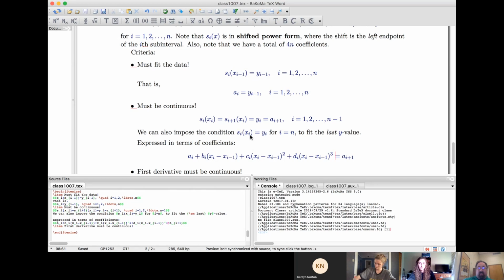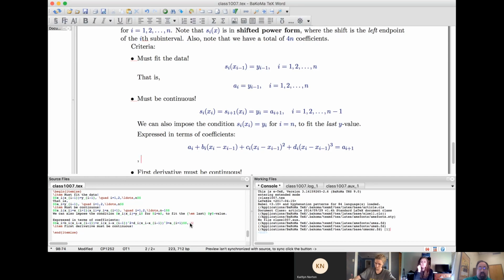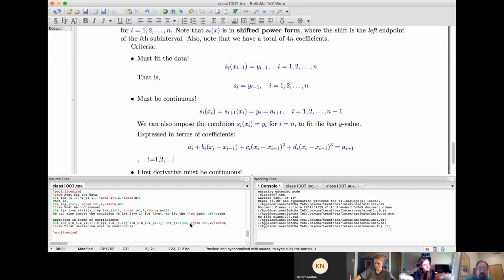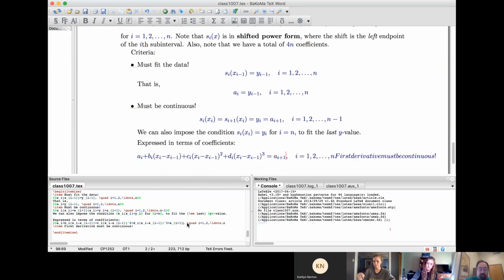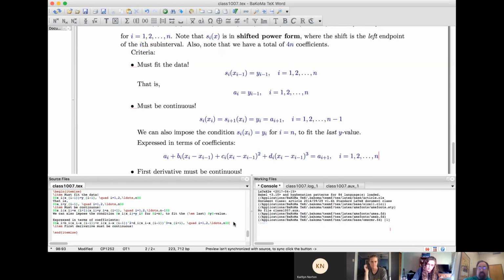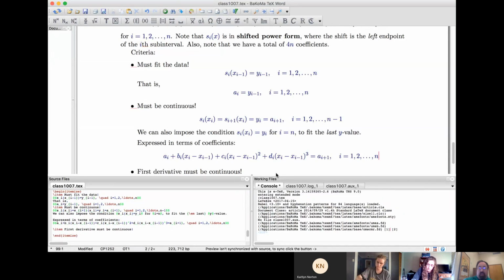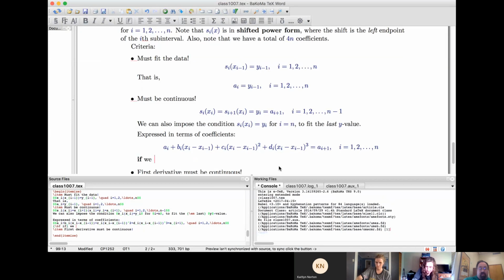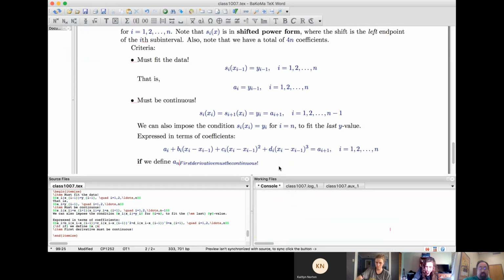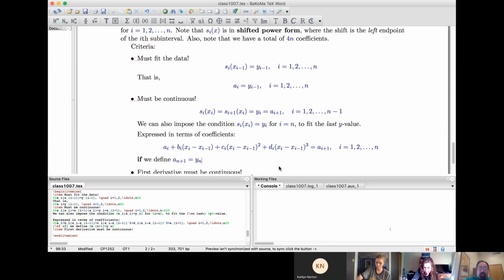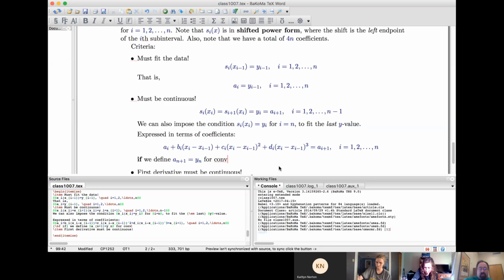Now, this can apply for i going from 1 to n, if I make a definition here: an plus 1 equal to yn, for convenience only.